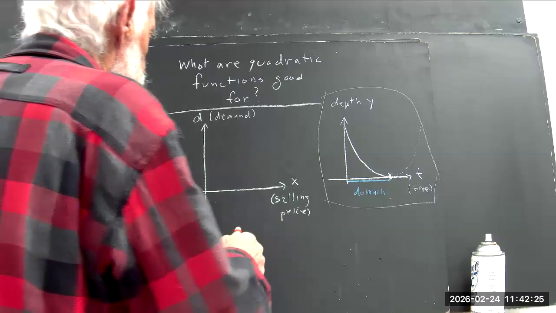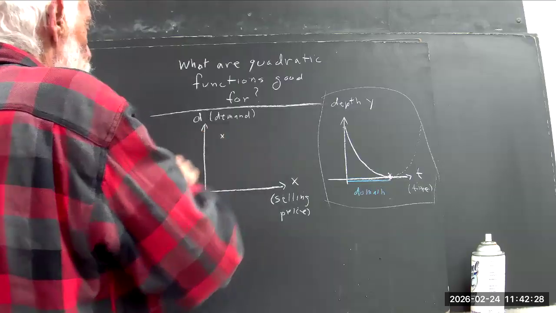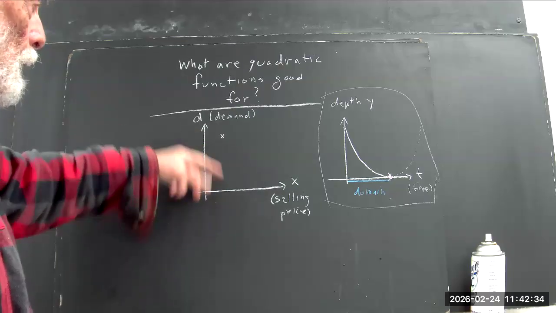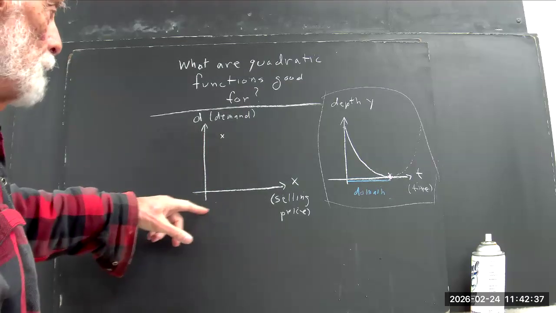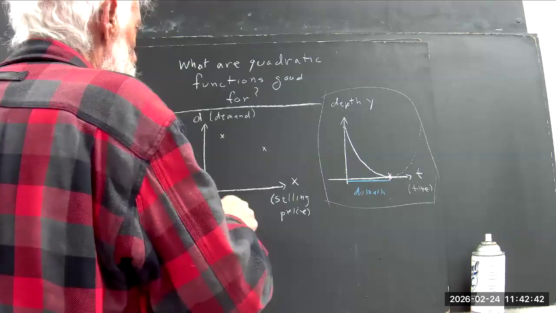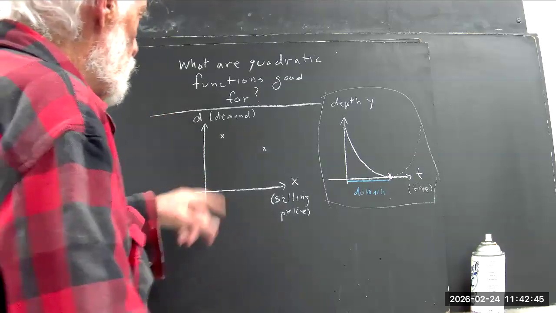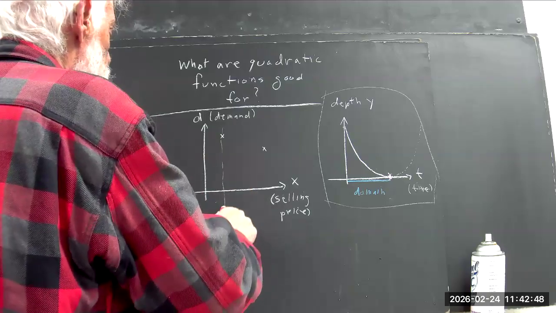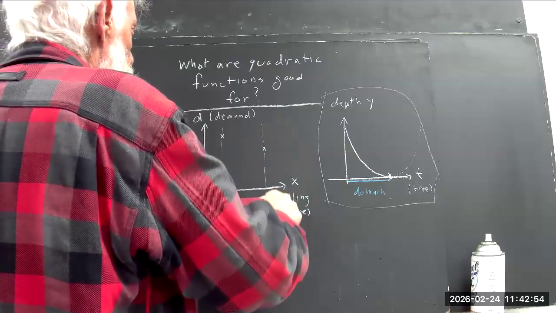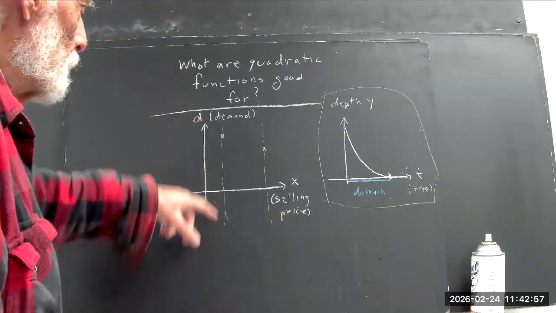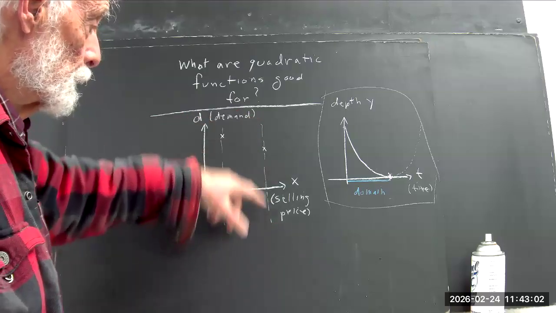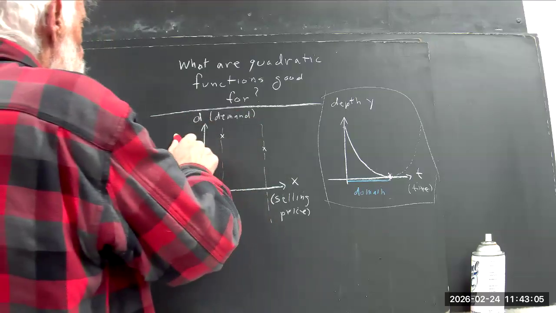Now, let's say you're running a business, and you know if you set your selling price here, and I'm not going to put numbers in this just yet, but if you set your selling price here, you're going to have a certain demand. If you increase your selling price, you expect that your demand is going to go down somewhat. So for the selling price indicated by this vertical line, where the selling price is always the same on this vertical line, and by this vertical line, another selling price.